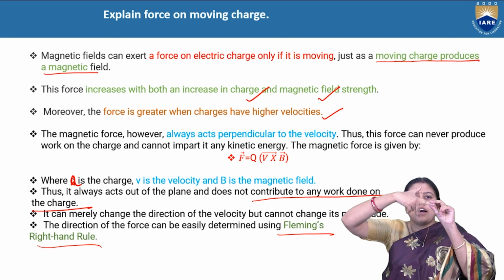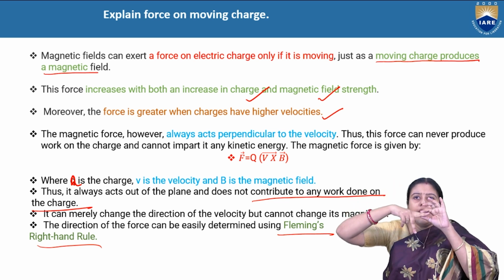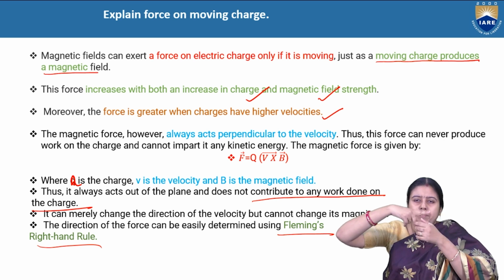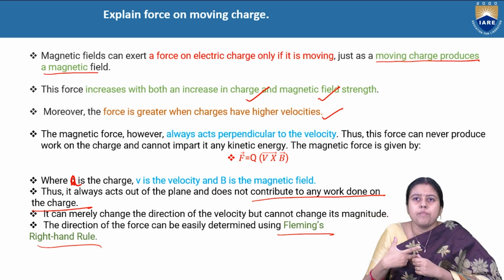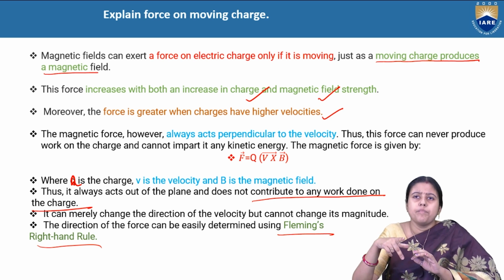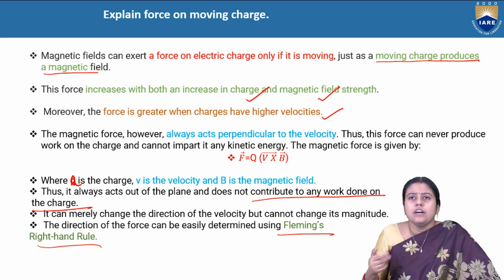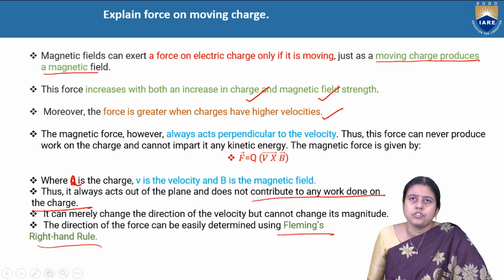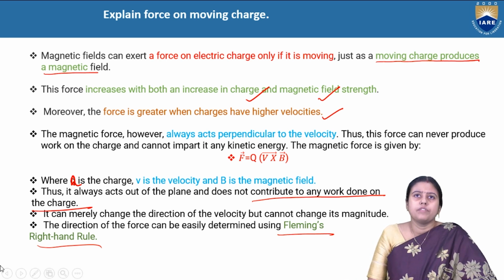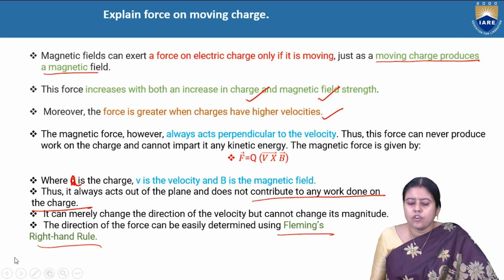If we take our three right-hand fingers perpendicular to each other, if the middle finger gives the direction of B and the thumb gives the direction of velocity, then F will give the direction of the force. So this is the procedure for the force on a moving charge, depending on F is equal to Q V cross B.